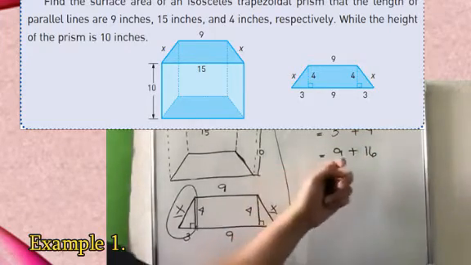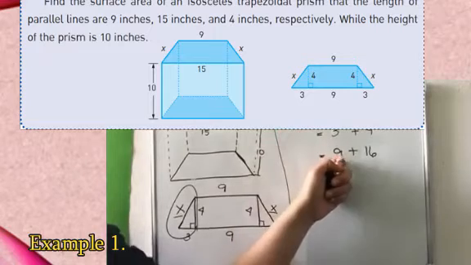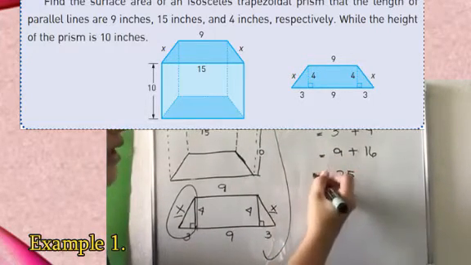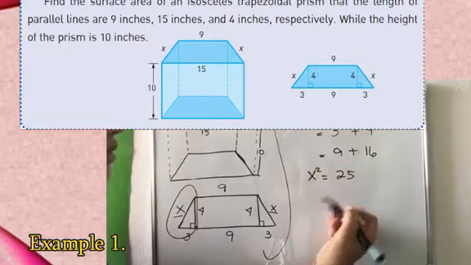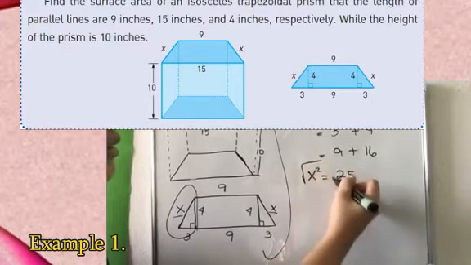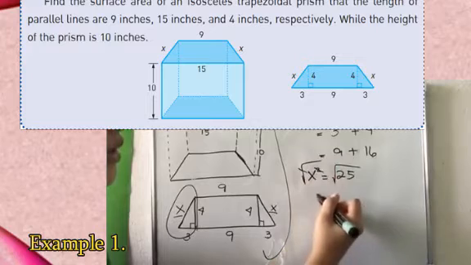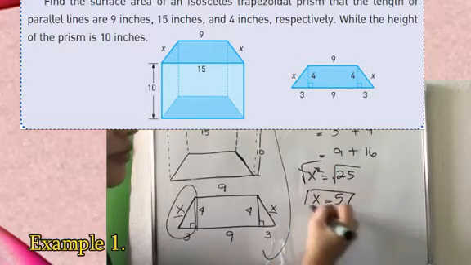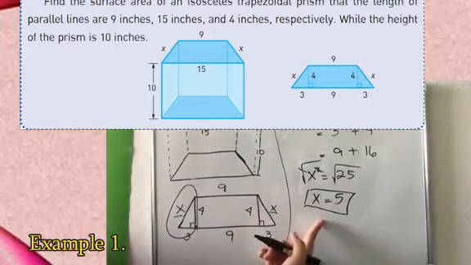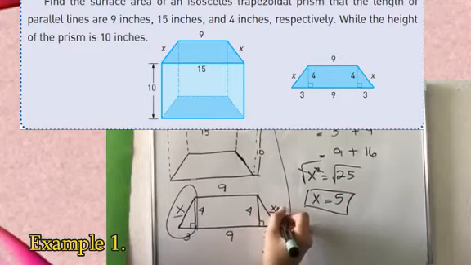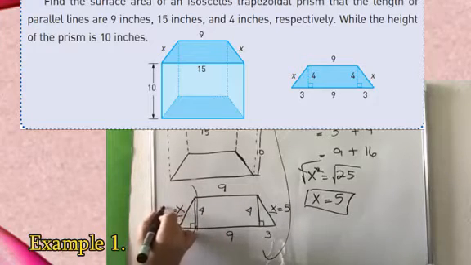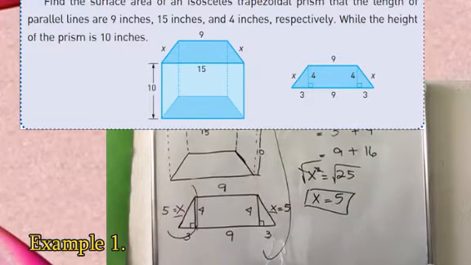Therefore x squared is 9 plus 16, which is 25. Then we take the square root, so x is equal to the square root of 25, which is 5. So we now have the value of x, which is equal to 5.